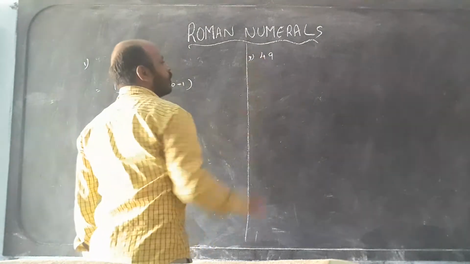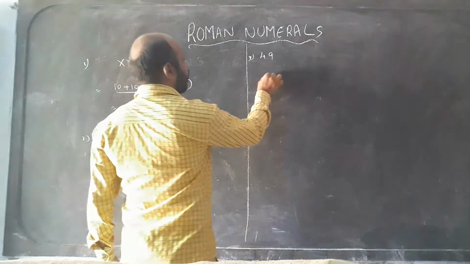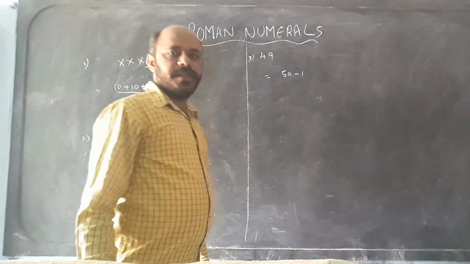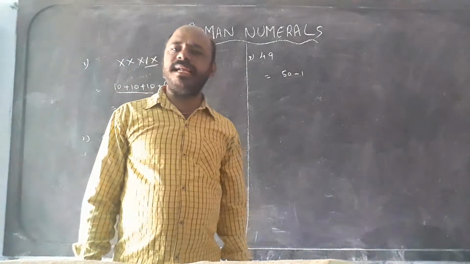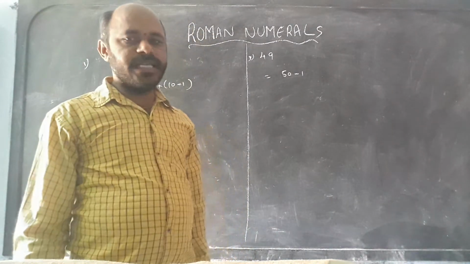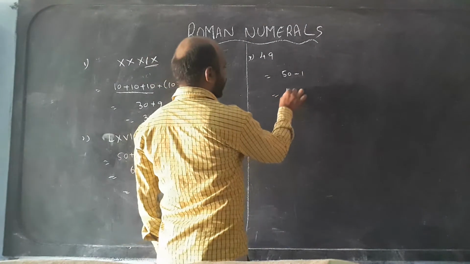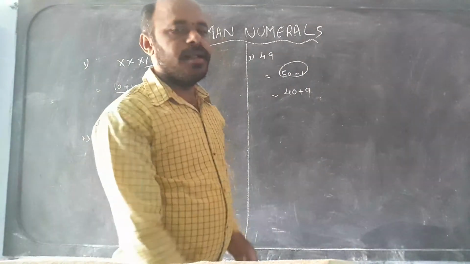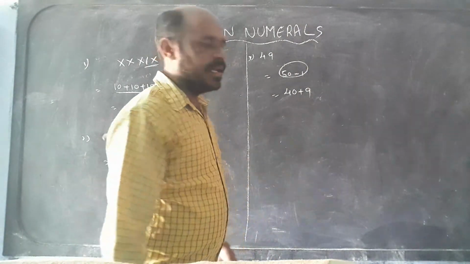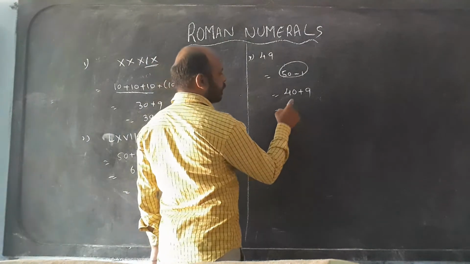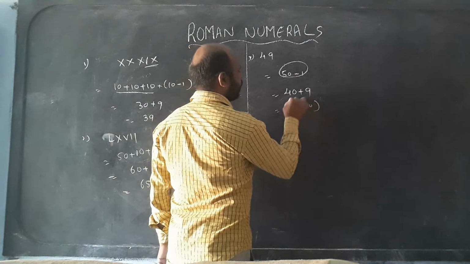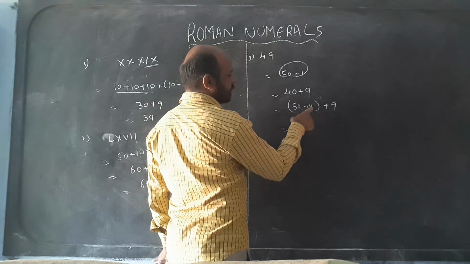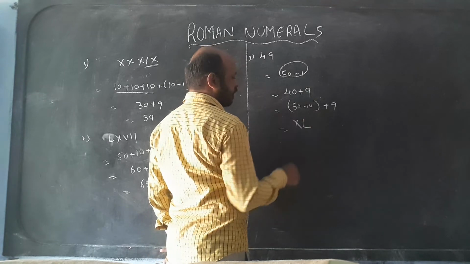And the next one: 49. How to write 49? 49 means 50 minus 1. But 1 won't be subtracted from 50. I is never subtracted from L. That's why we have to write 40 plus 9. 40 we write as 50 minus 10, then plus 9. 50 is L, and beside it the subtraction symbol 10, so we write X on the left side of the number.